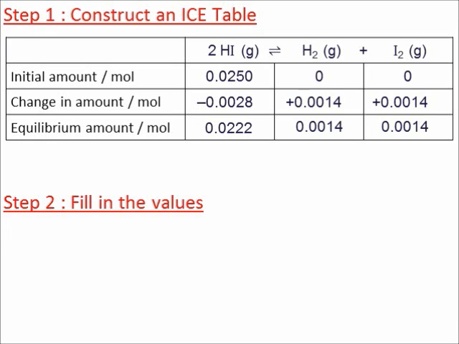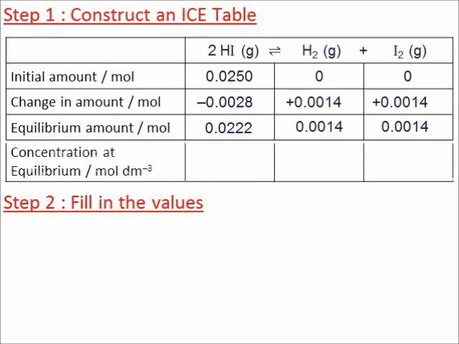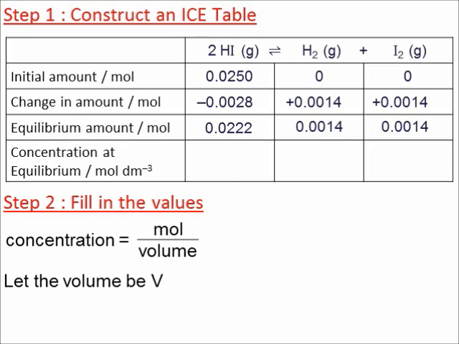To find Kc, we require the concentration of the reactants and products in moles per dm cube. Since the volume is not given, we let the volume be V and we obtain the equilibrium concentrations.